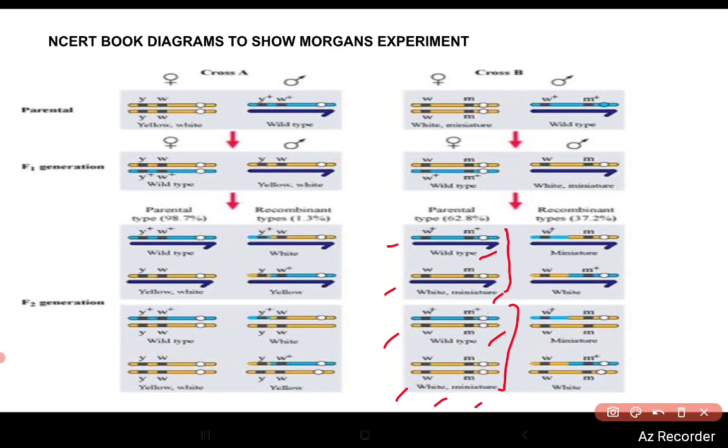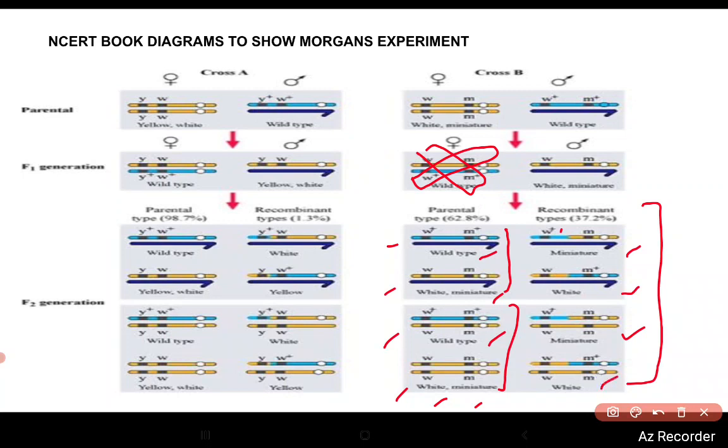And the recombinants are formed if these cross with each other, because the genes are at a distance, so after crossing over, the 37.2% recombinants formed are 2 males, the first male with miniature wings and red eyes, and the second one with white eyes and normal wings, and the female with miniature wings and red eyes. This is also a new combination.